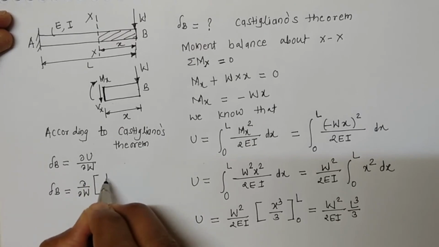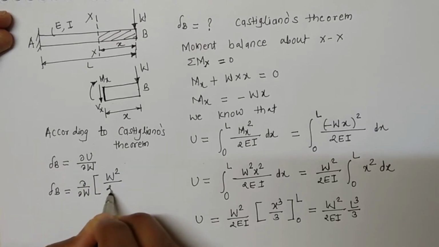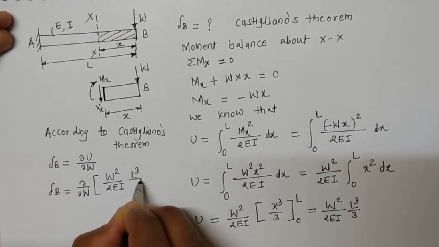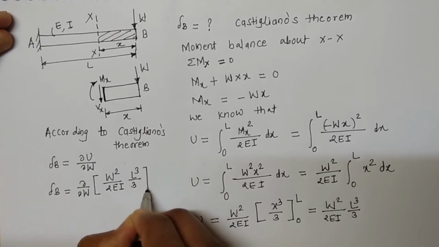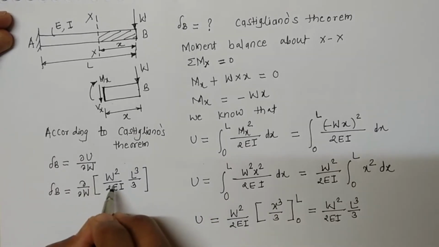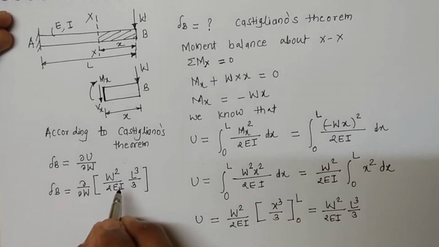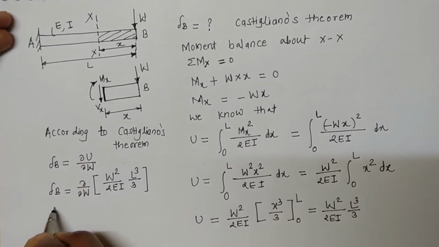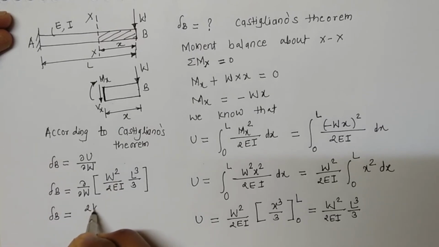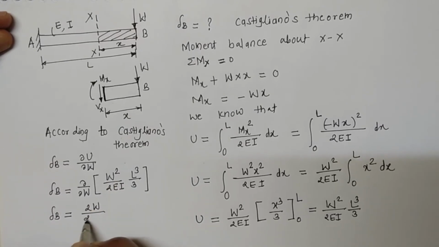U is already calculated, W square by 2EI into L cube by 3. So this is the value of capital U, that is strain energy. And if I take the derivative, I would get delta B equal to derivative of W square is 2W divided by 2EI into L cube by 3.